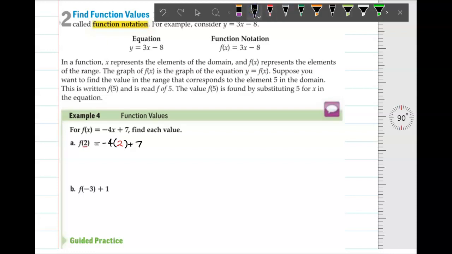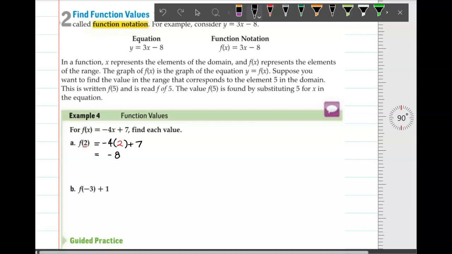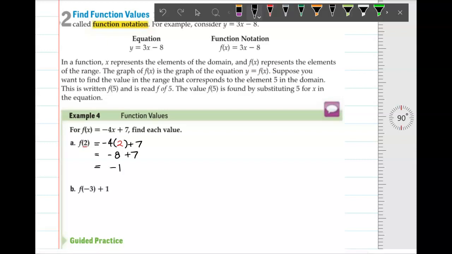And then we simply apply what we remember from way back in August with PEMDAS. We need to multiply first, which gives us negative 8 plus 7, and further simplifying, negative 1. So f of 2 is negative 1.